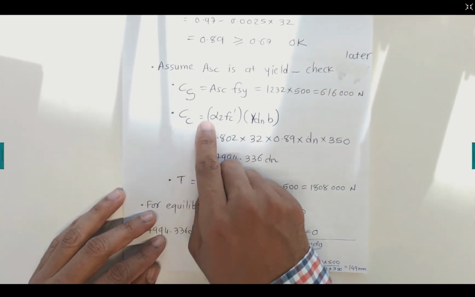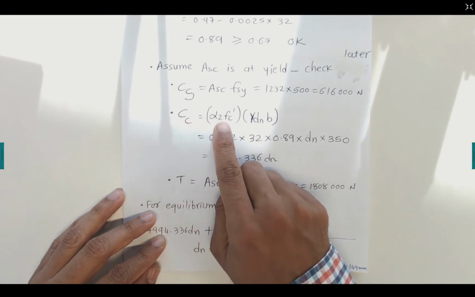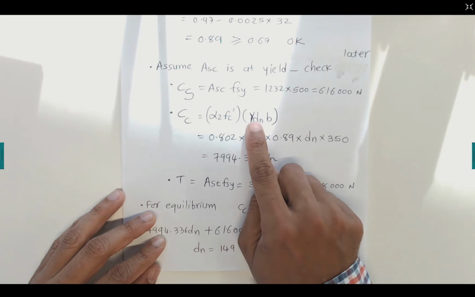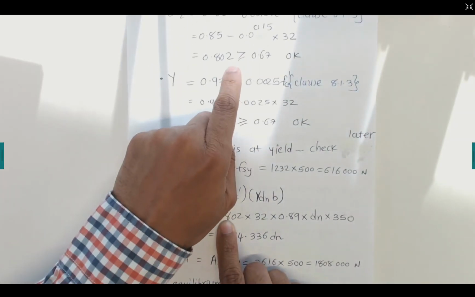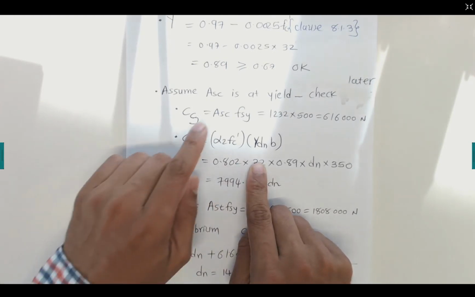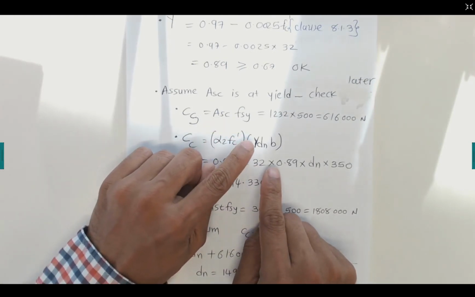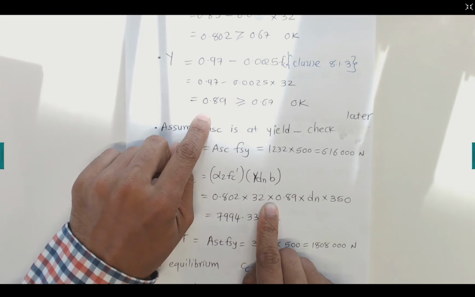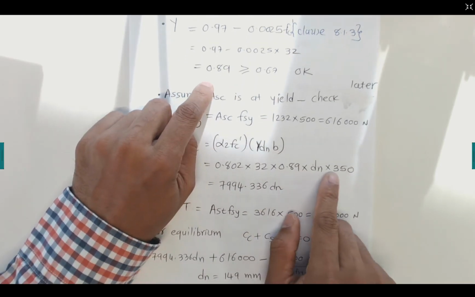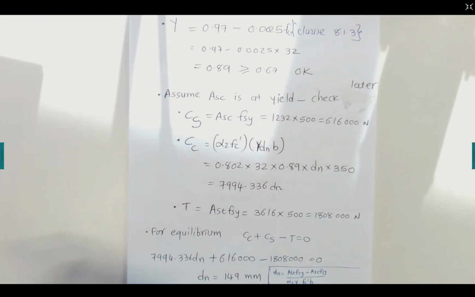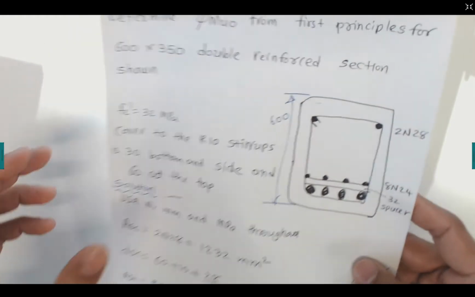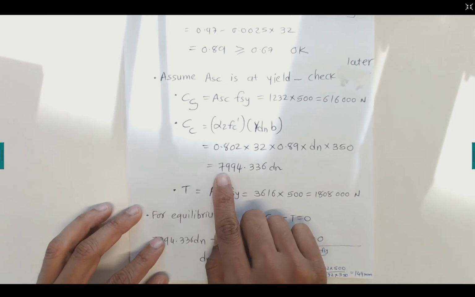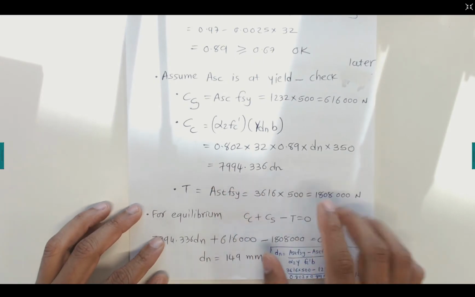Now this is the compression force in the concrete, which is alpha 2 fc dash, the stress, times the area, gamma dN b. Alpha 2 we calculated as 0.802, times the fc dash value 32, gamma value 0.89 we calculated here, and dN we need to calculate, times the width 350, which is given in the question. That gives 7994.336 dN.